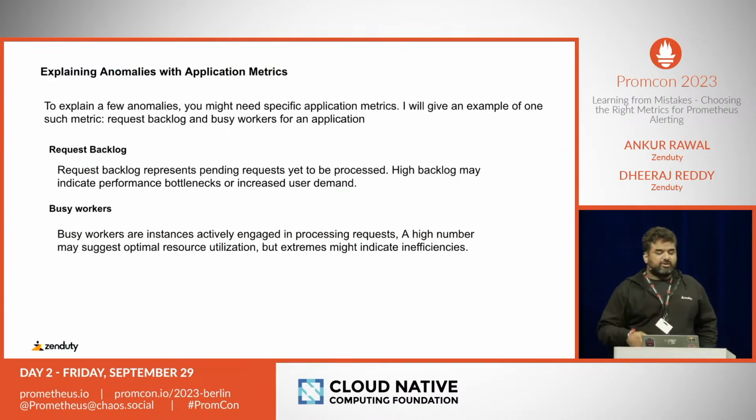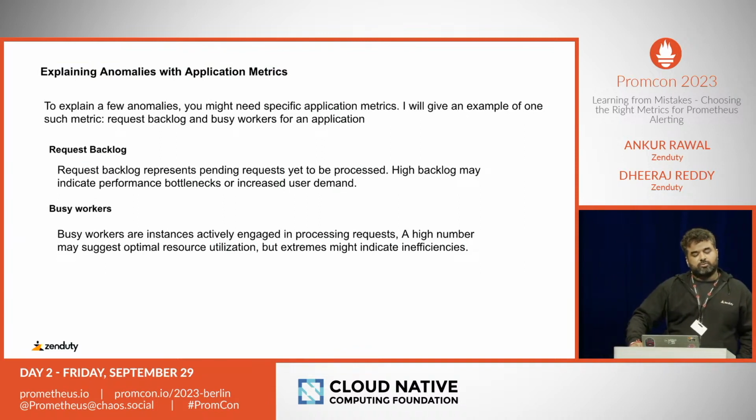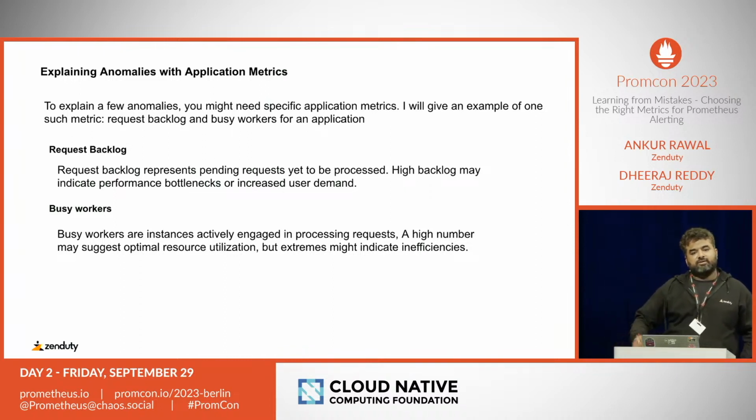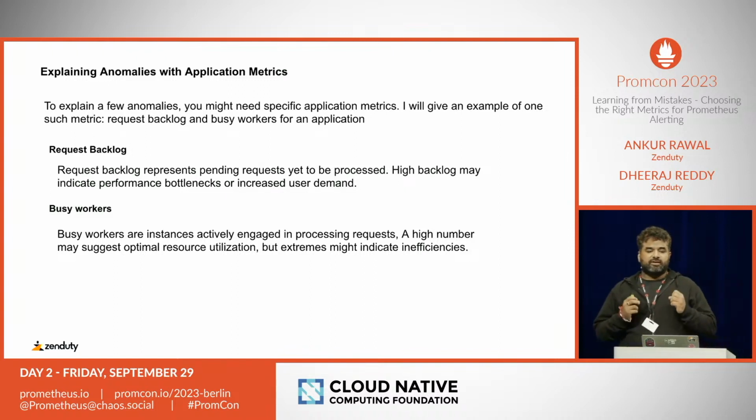To explain that, I'll take you through two anomalies related to our application metrics. One is request backlog. Even if you're getting too many requests, your container will show your CPU is not spiked and the memory is working fine, because at the time of running, they are handling all the requests within the given range.